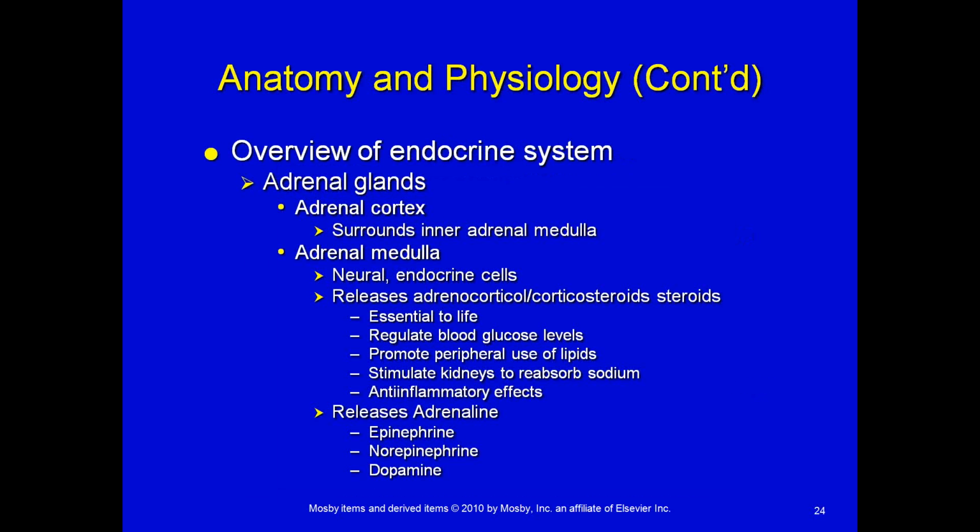The adrenal glands sit on top of the kidneys, and it's the adrenal cortex that surrounds the inner adrenal medulla. And the adrenal medulla is where the endocrine cells are located. And the adrenal medulla then releases adrenocortical or corticosteroids and steroids, which are essential to life.